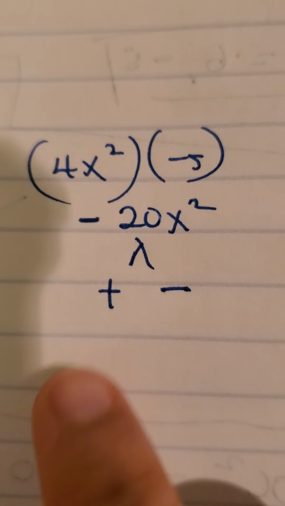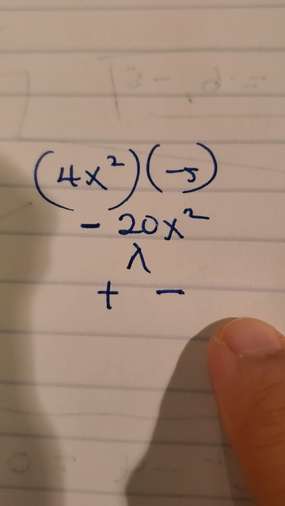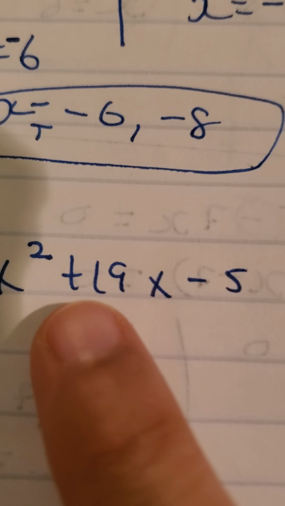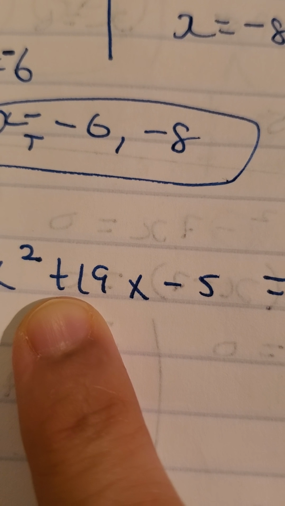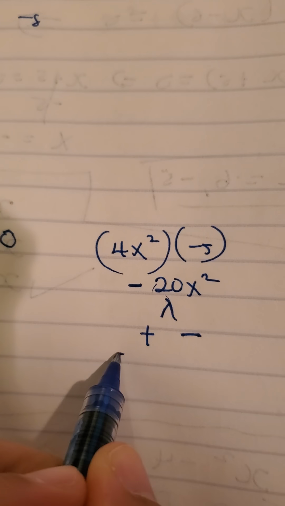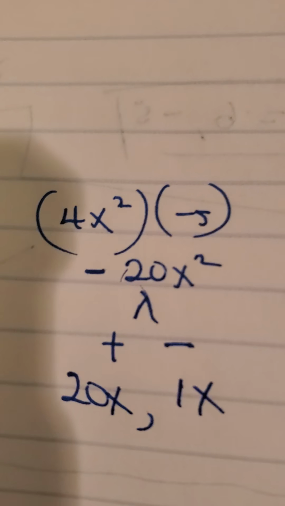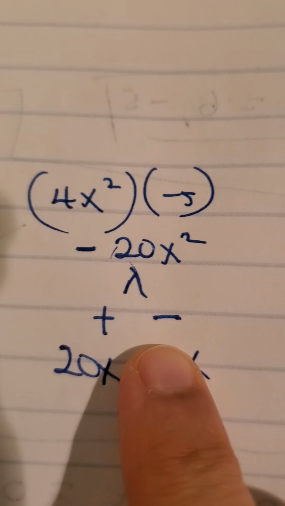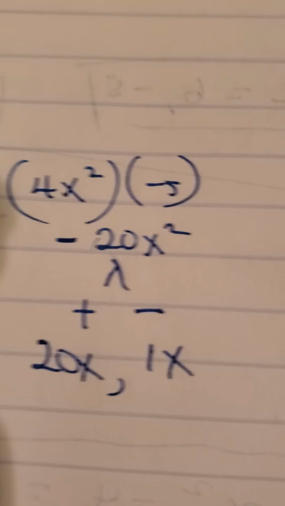But in order for us to know which factor takes the positive and negative signs respectively, we let our middle term gauge that the larger factor takes the sign of the middle. So the larger factor, which is 20x, and this is 1x, will take the sign of the middle, because when we subtract, we have to keep the sign of the greater magnitude.